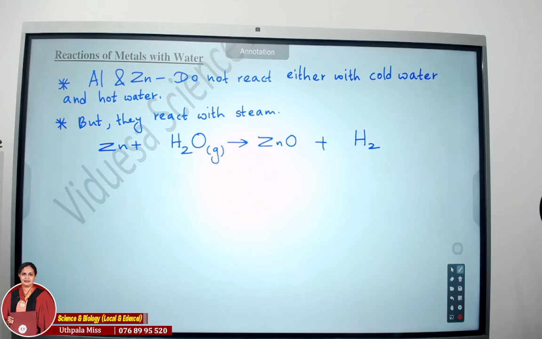It is already balanced. Then iron actually does not show this type of quick reaction with hot water and cold water. It reacts with steam forming a reversible reaction. After a long period of time, iron reacts with water and oxygen to form iron rust, but that is a different story.